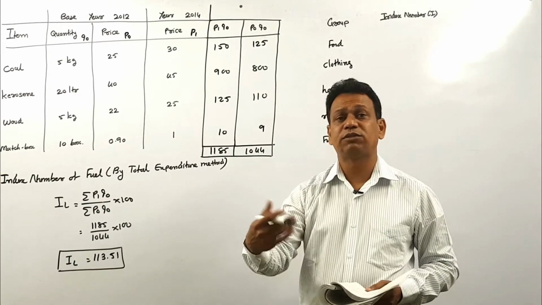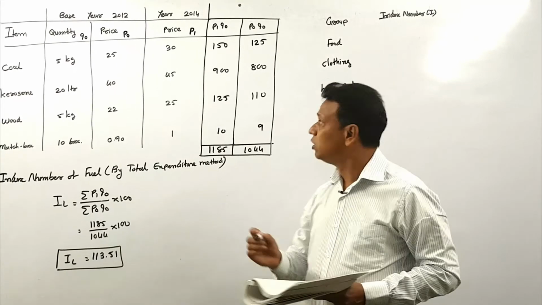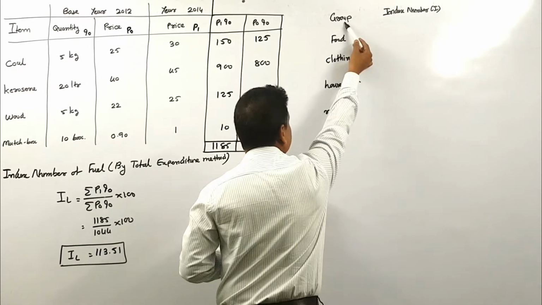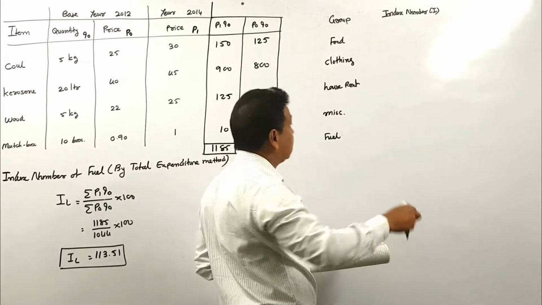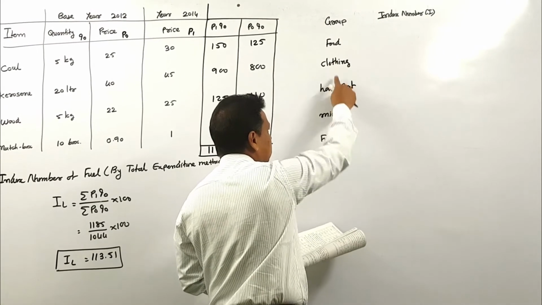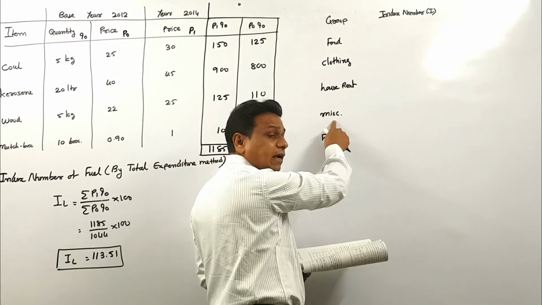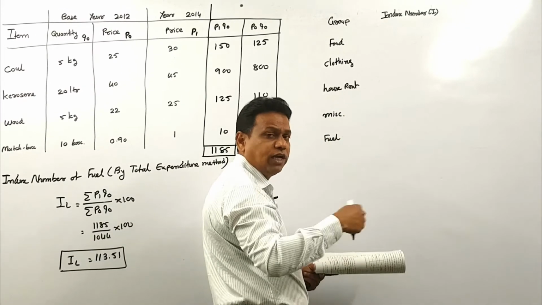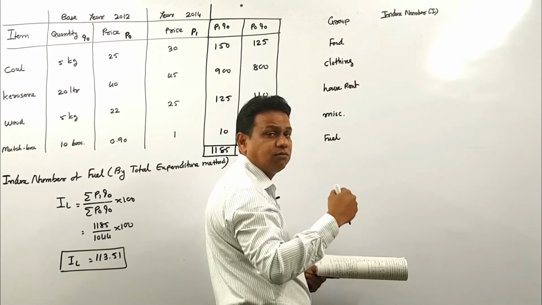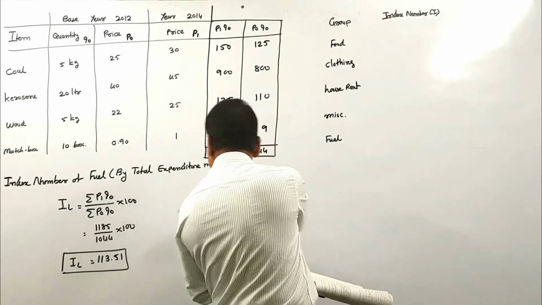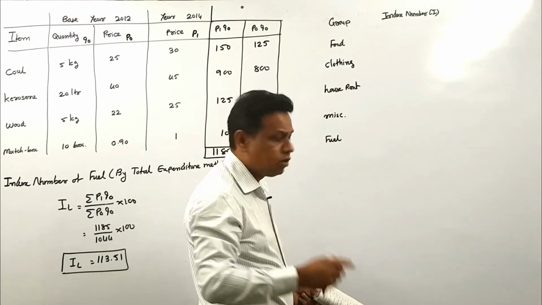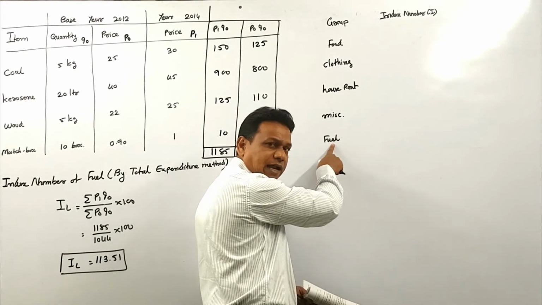They have given how many times they became. So we make our first column group in the respective order they have given: food, clothing, house rent and miscellaneous, and last we always mention the index number we calculate. Here we calculated the index number of fuel, so I mention it at the end.